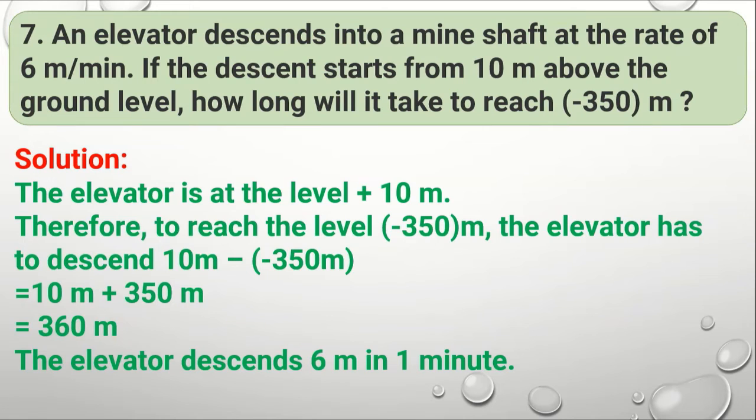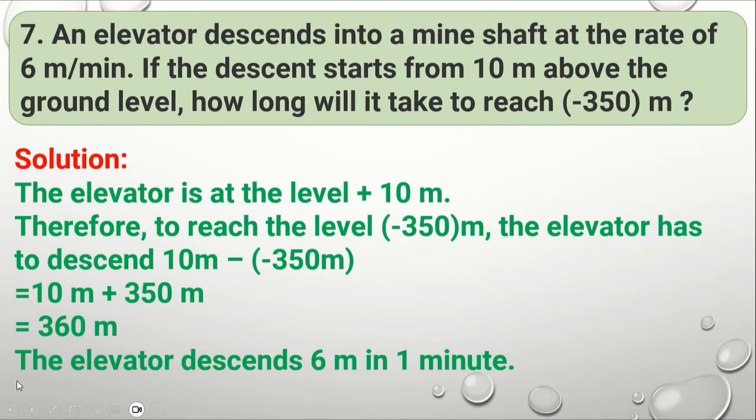So the elevator is at the level of plus 10 meters. Therefore, to reach the level of minus 350 meters, the elevator has to descend 10 meters minus minus 350 meters. So minus will become plus.